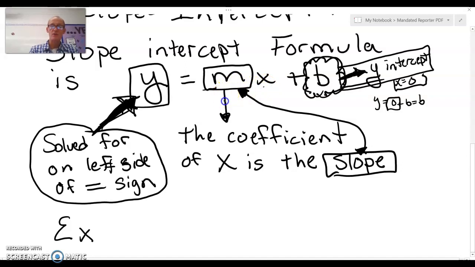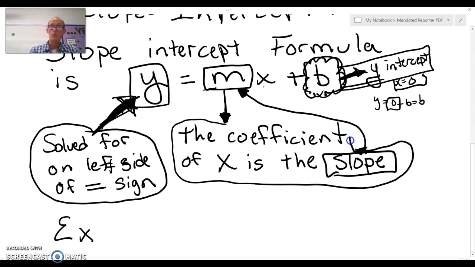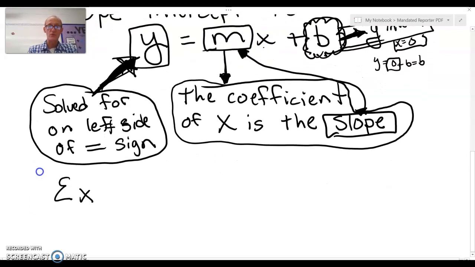Then this number is the slope. It's the coefficient of x. It's called the slope. Because that's the rate, how many numbers times x gives you your rate.